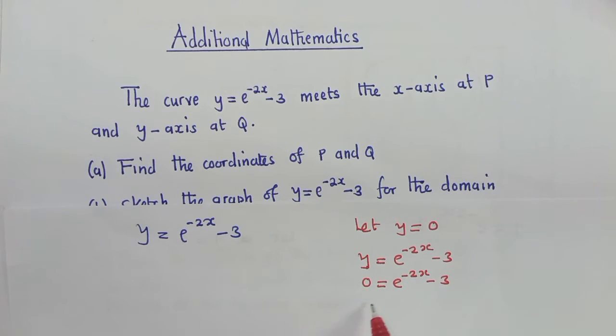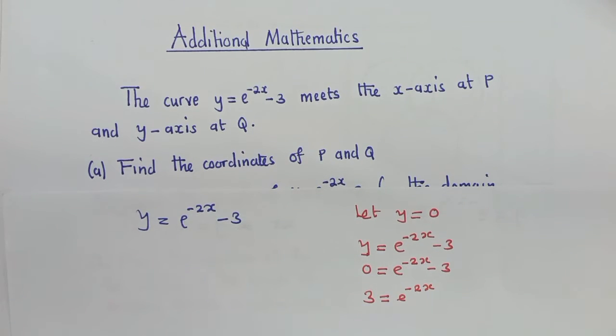So here we'll group the like terms. We shall have 3 is equal to e power negative 2x. The next thing here is to get rid of this e. So how are we going to get rid of this e? We shall apply ln to both sides. So on this side, e will be cancelled.